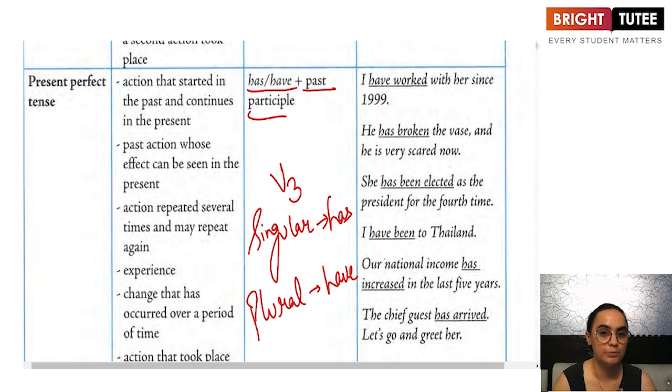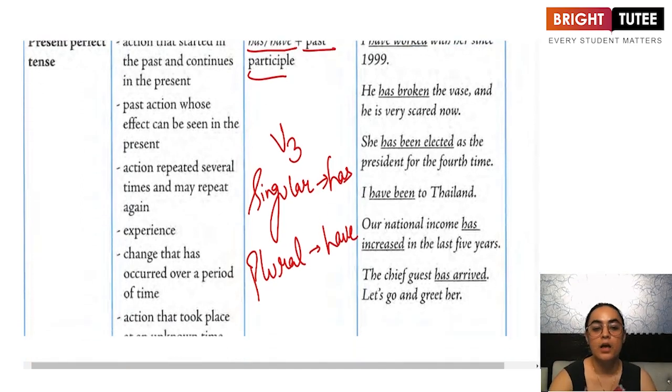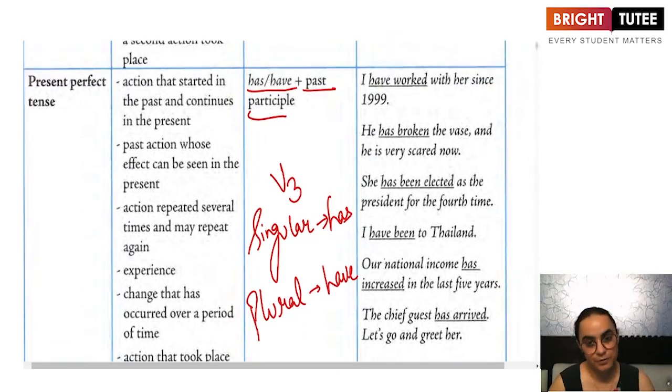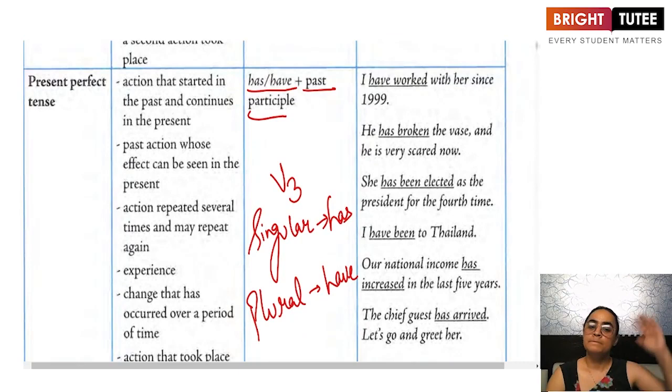When do we use the present perfect tense now? We use the present perfect tense to talk about some action that began in the past but continued till the present. I have worked in this company since 1990.